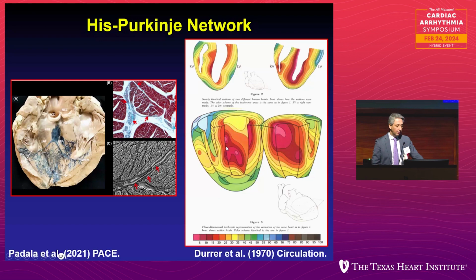And you can see the activation occurs on the left side of the septum and follows the distribution of the fascicles. So typically you have early breakouts by the left anterior and left posterior fascicles, and sometimes a septal fascicle. And then there is rapid activation both endocardially and toward the epicardium of the left ventricle. And the latest area that's activated is the basal left ventricle.